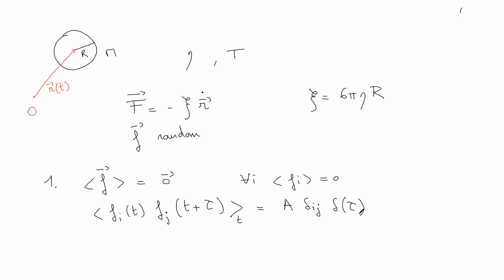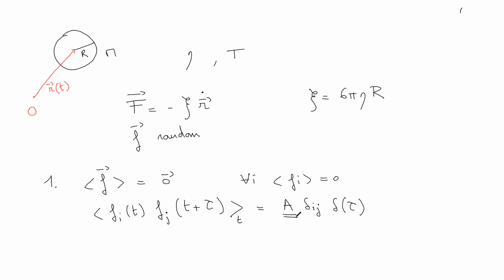So only if you consider an equal time for those two forces, there is a correlation. Otherwise, they're completely uncorrelated. Of course, this is a way of modeling things. If you have an experiment that is able to resolve very small time scales, then you have to refine this by adding a distribution with a certain width in time and a certain memory. But for our purpose, this is sufficient. And all the unknown part is put in this constant that we will determine.